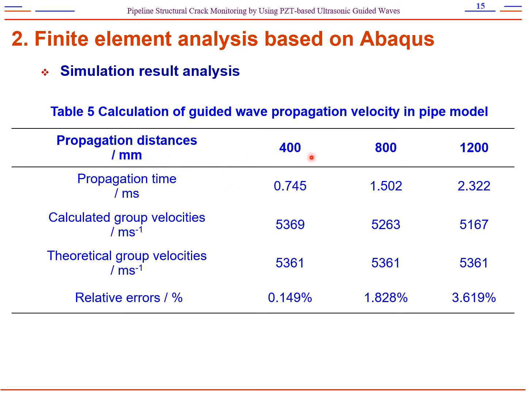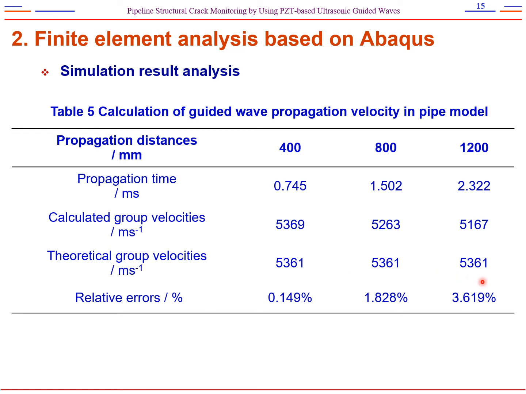There are 3 observation points, and here are the propagation times for the first point, the second point, and the third point. This is the calculated group velocities, and this is the theoretical group velocity.